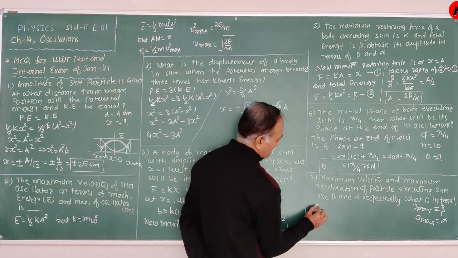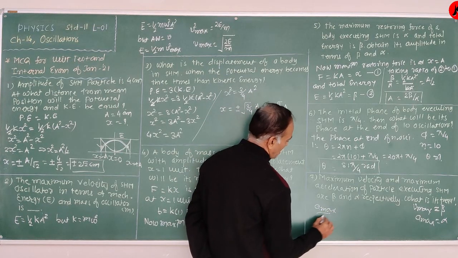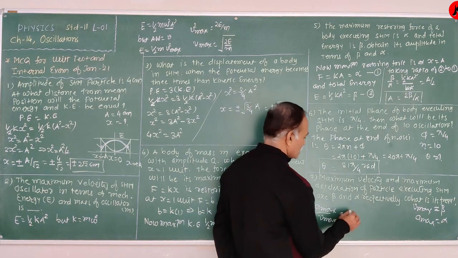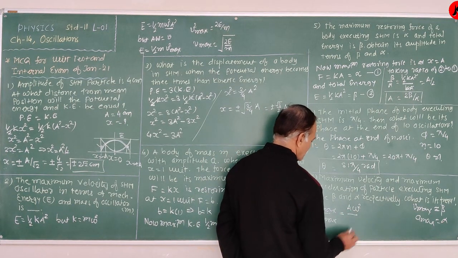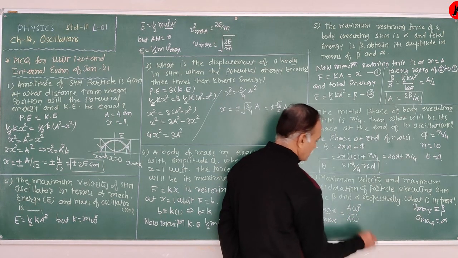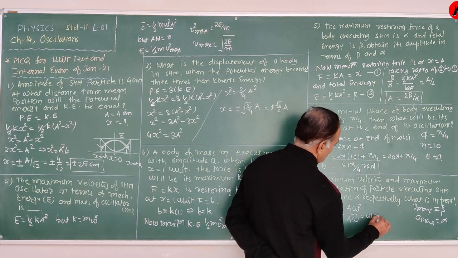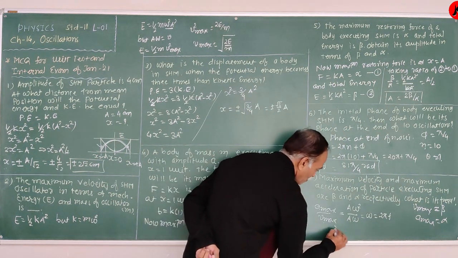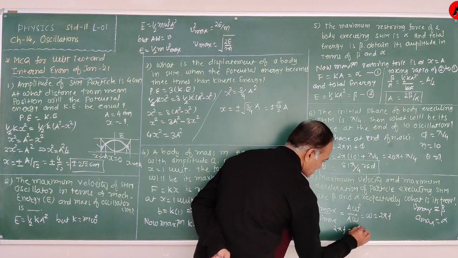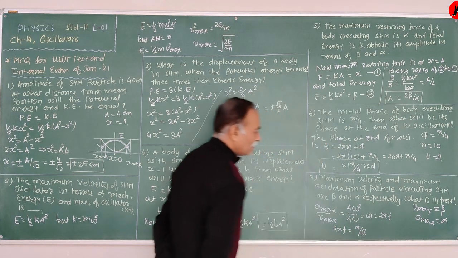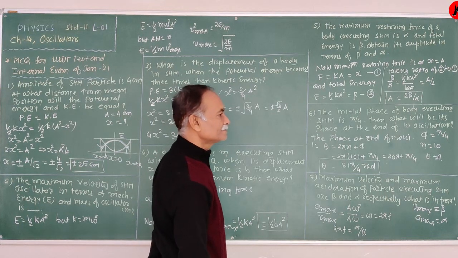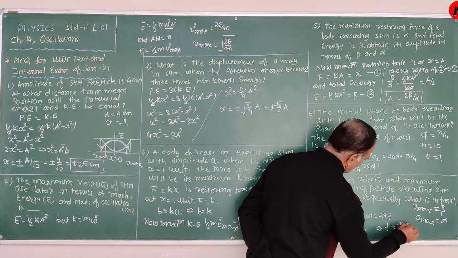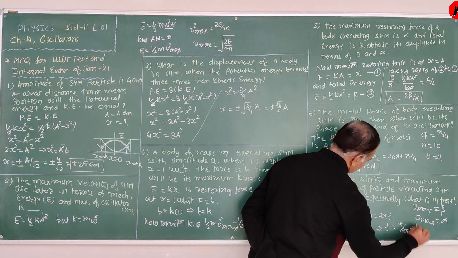We know that maximum value of acceleration is A omega square, while V maximum is equal to A omega. And omega is equal to 2 pi f. Therefore 2 pi f is equal to A max upon V max, alpha upon beta. Therefore frequency of oscillation f is equal to alpha upon 2 pi beta.